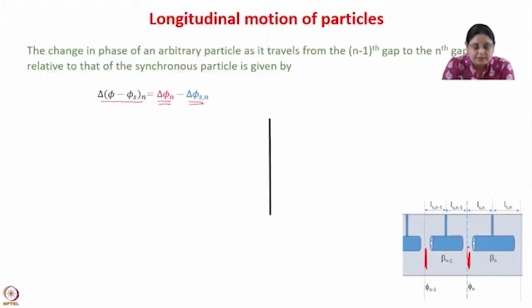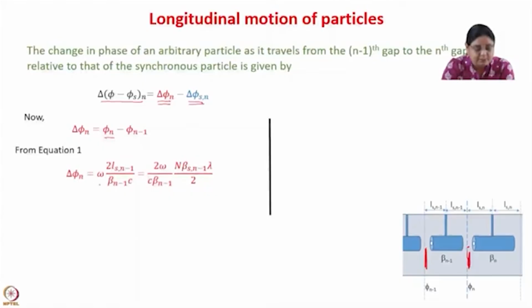So let's evaluate the two terms separately. Delta phi n is simply delta phi n minus 1. And this we have already seen from equation 1 is equal to omega into t. So omega into t is the distance traveled divided by the velocity.